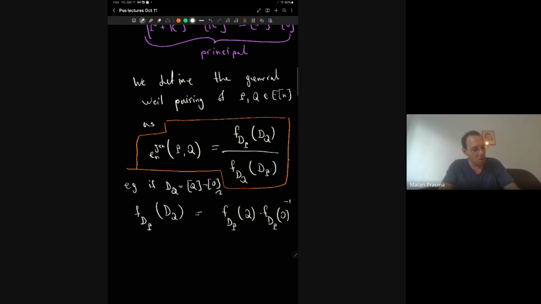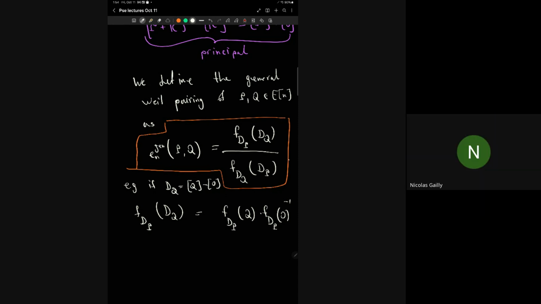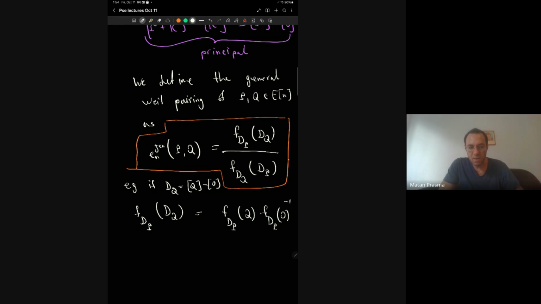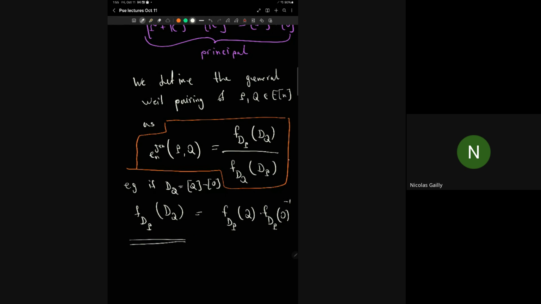And let's suppose that DQ is Q minus O. So what does it mean to take a rational function and evaluate it on a divisor? But this is your definition. We're just going to say that evaluating a rational function on a divisor is this way.